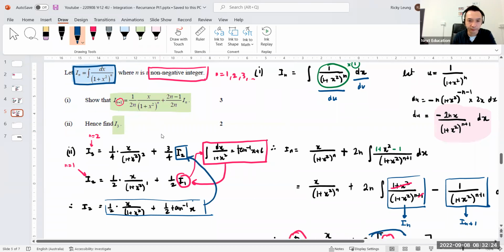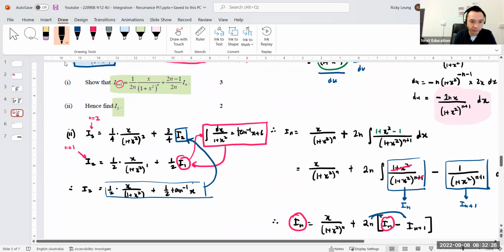Right, okay, let's see. So therefore, I3 equals 1/4, I'm just writing x on 4 times (1 + x²), plus, guys, 3/4 times the half there. You'll see that it's like, what's that, 3 on 8 times this.